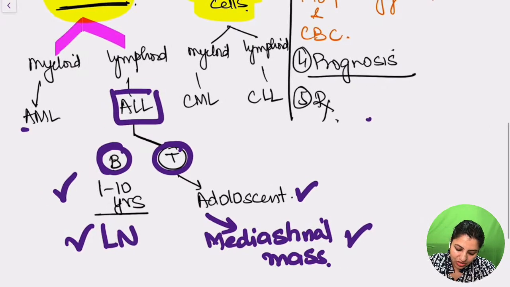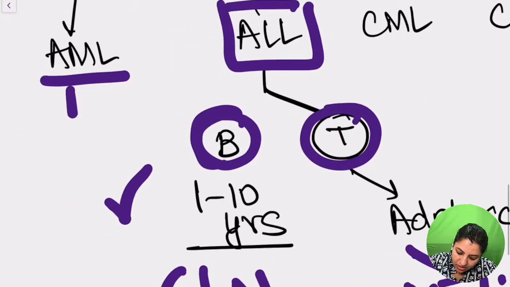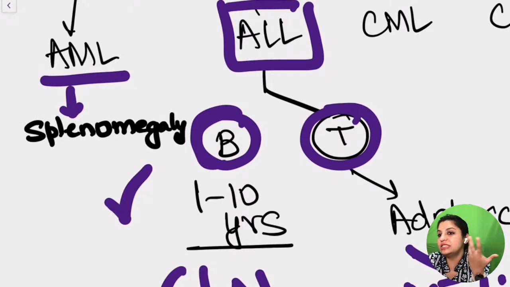What about myeloids? Myeloid is a big family. But for an undergraduate, you should remember that the majority of myeloid patients usually present with splenomegaly. Myeloid cells go for maturation to the spleen, so they'll present with splenomegaly.